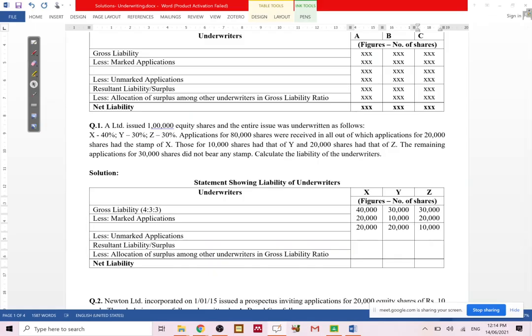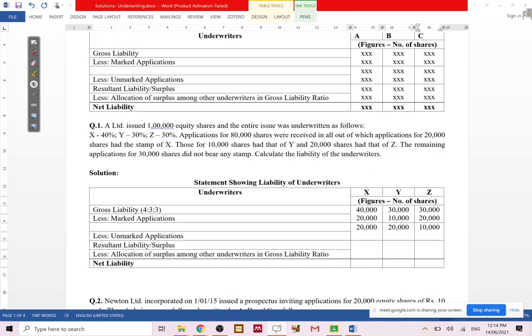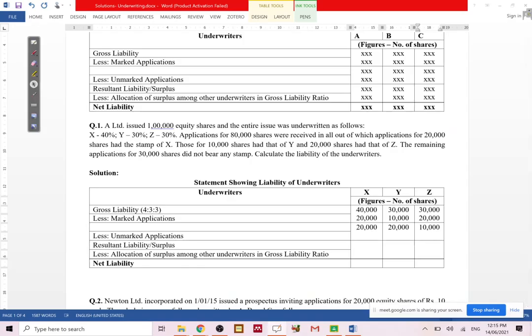It is 4 plus 3 plus 3, meaning 10. So 4 out of 10, 3 out of 10 and 3 out of 10. Or you can directly take these percentages, 40%, 30%, 30%. It's one and the same. Fine. And that way we are going to distribute this 30,000 in the gross liability ratio. Clear?